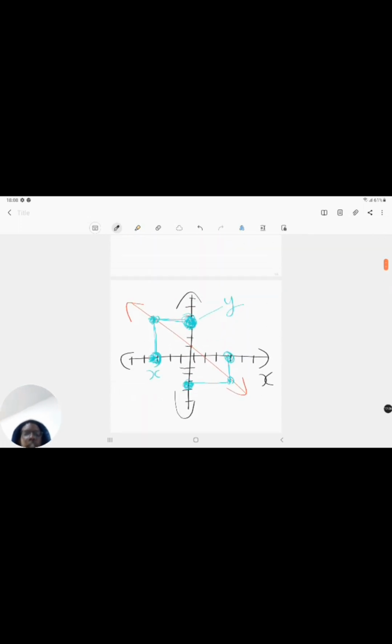Same thing for the straight line here. If I draw a vertical line here, it only cuts the graph here. If I draw it here, it only cuts the graph there. If I draw it here, it only cuts the graph there, right? So for every vertical line with a specific x value, it cuts the graph at only one y value, not more than one y value or more than one point. Okay, so this is what a function is.